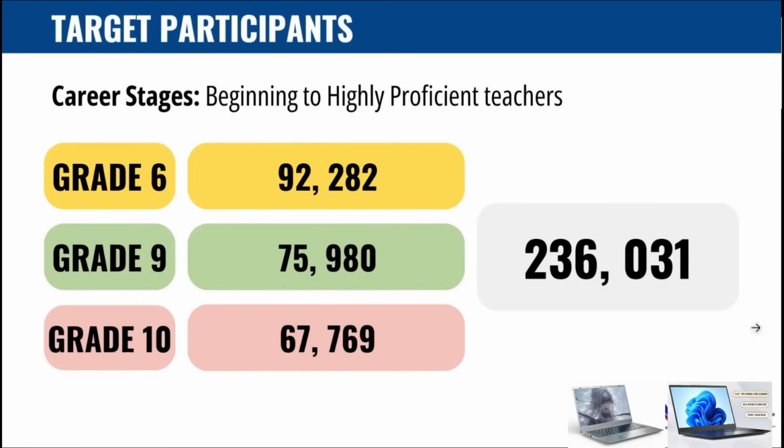For grade 6, we are targeting 92,282 grade 6 teachers, 75,980 grade 9, 67,769 grade 10 teachers, totaling 236,031 grade 6, 9, and 10 teachers. These are whom we hope to help, support, and get equipped for the implementation of the revised K-10 curriculum.